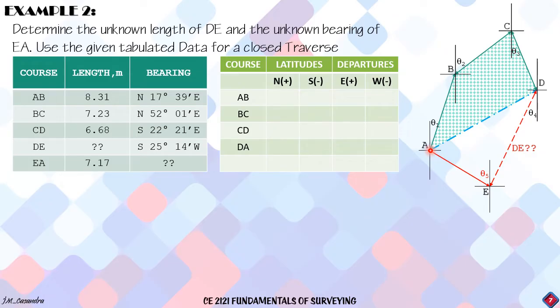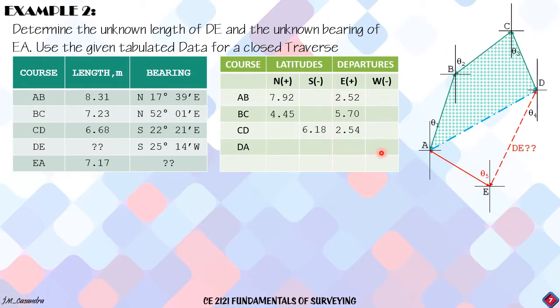So solving for our latitudes and departures, AB will have a northing 7.92, BC a northing 4.45, CD a southing 6.18. So latitude of DA is unknown. And for departure, AB will have an easting 2.52, BC an easting 5.70, and CD 2.54 easting.